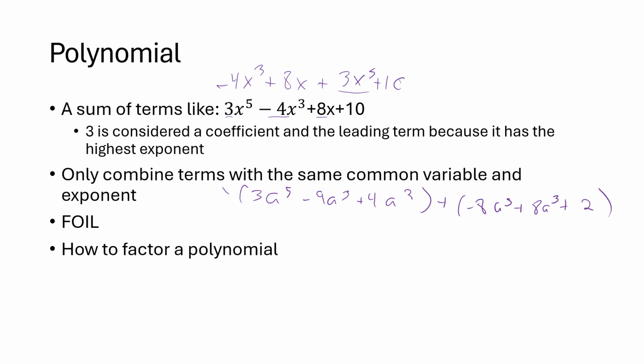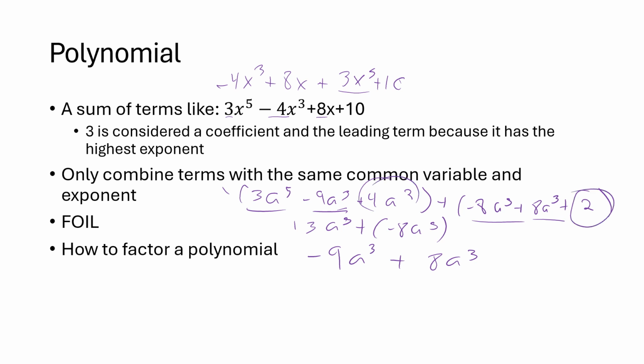Okay, sorry about that. So we're going to combine these by like terms. So a to the fifth, same base, we can add those together. So that'd be 3a^5 plus negative 8a^5. We can combine this base with this base, so we can also combine negative 9a^3 plus 8a^3. 4a squared and 2 do not have anything to be combined with, so we will drop them down anyways.